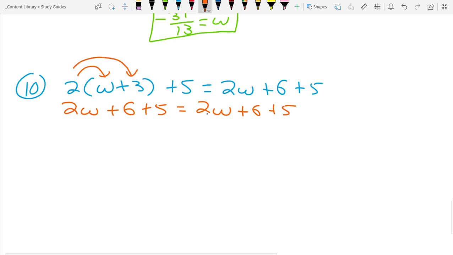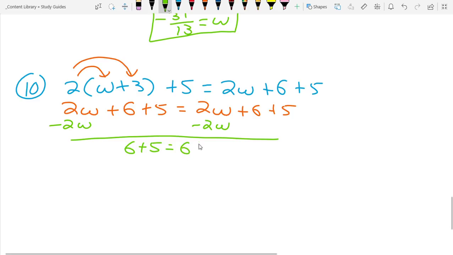So we've got w's on both sides, so I'm going to say this side can't have them, so I'm going to take them away, which means I take them away over here as well. So now I have 6 plus 5 equals 6 plus 5. Well, the variables are gone. Now this hasn't happened yet. So when the variables disappear, and you're left with a statement that actually makes sense, it's a true statement, we write that the answer is infinite solutions.